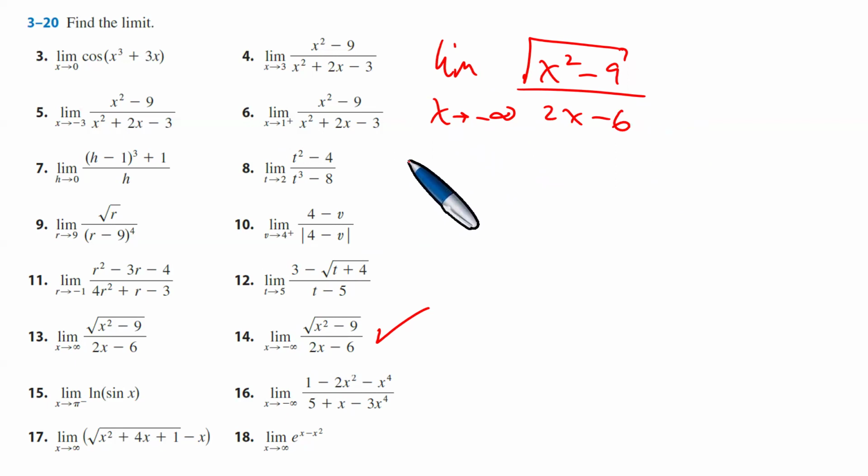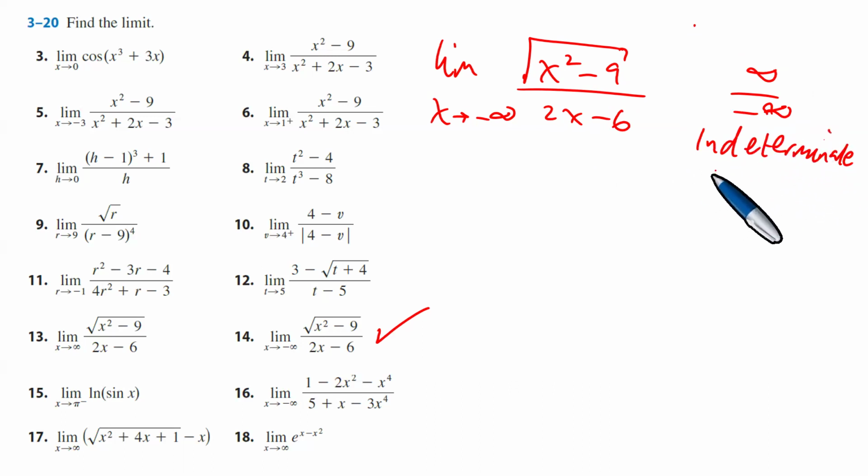If we substitute the infinity straight away, the denominator is 2 times minus infinity minus 6, giving minus infinity. In the top, you square minus infinity, getting infinity, and the square root of infinity is infinity. This infinity over infinity is what we call an indeterminate form.